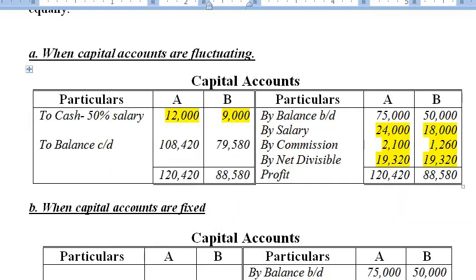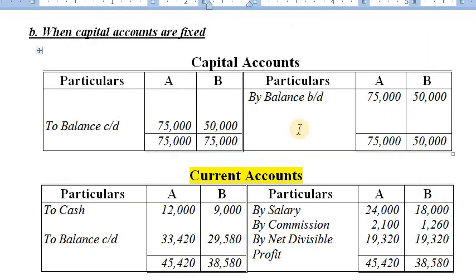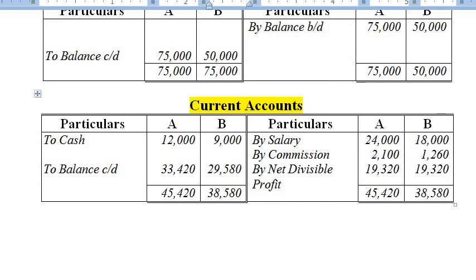When the capitals are fixed, you will just have opening balance and closing balance. The capital account has only the balances. Entries are recorded in a separate subsidiary account called current account. Salary, commission, net divisible profit, and then the drawings and the balance: 33,420 and 29,580 as current account.